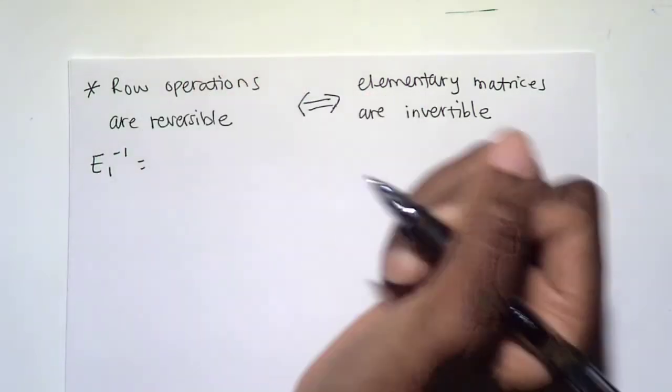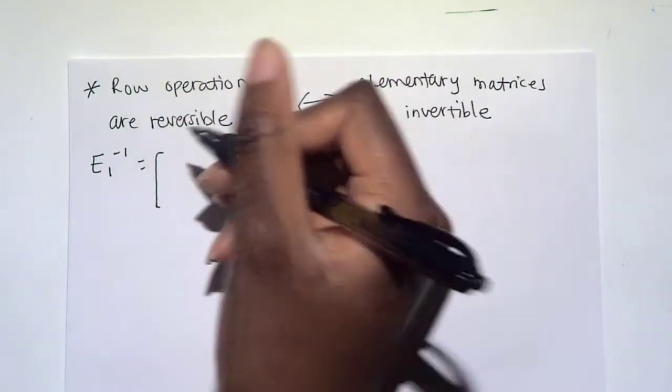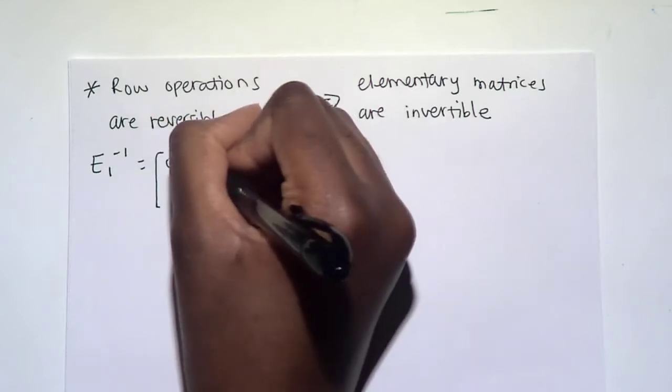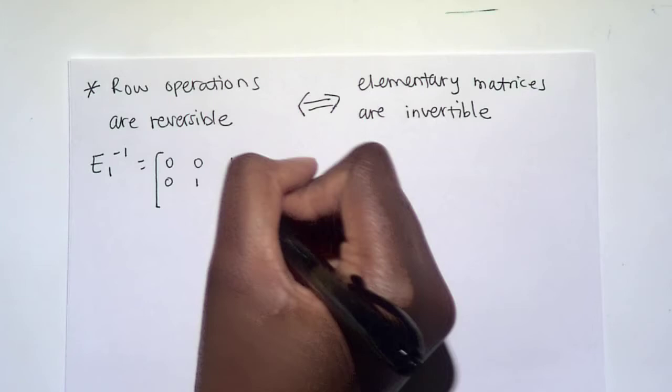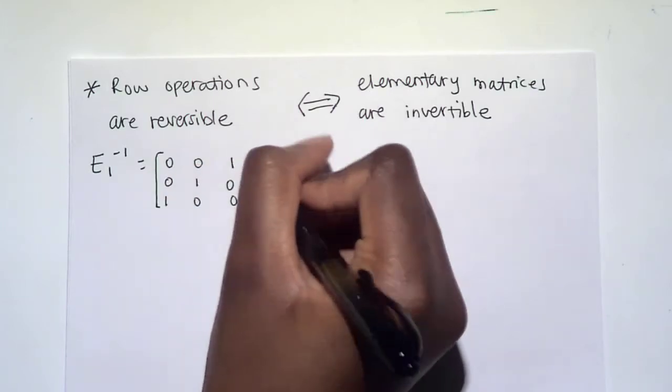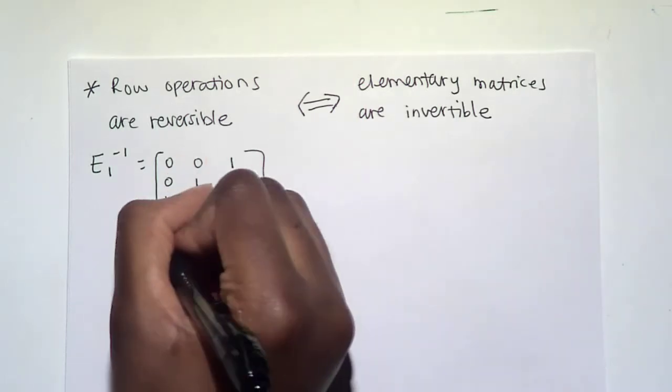All right, so E1 inverse is actually 0, 0, 1, 0, 1, 0, 1, 0, 0. So what's the opposite of switching row 1 and row 3? It's switching row 3 and row 1, so it's going to be the same.